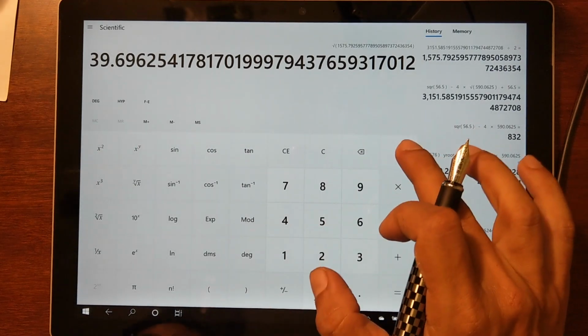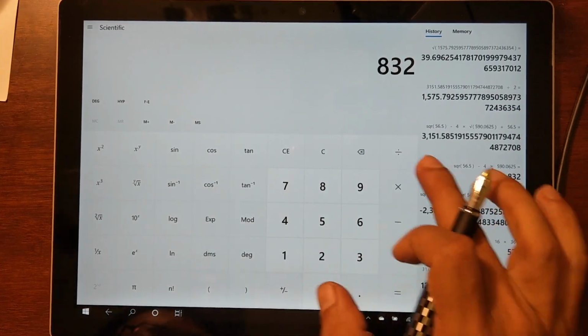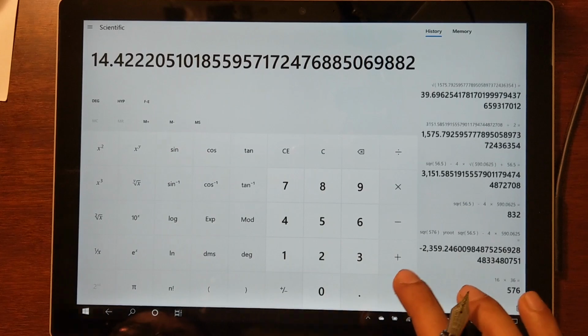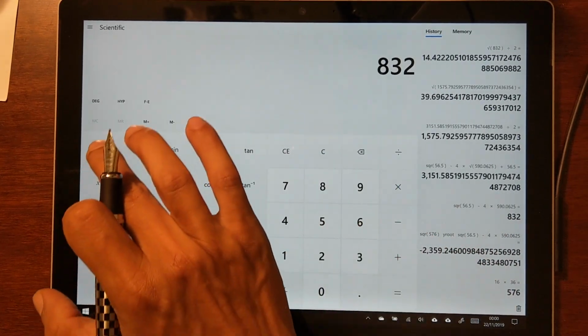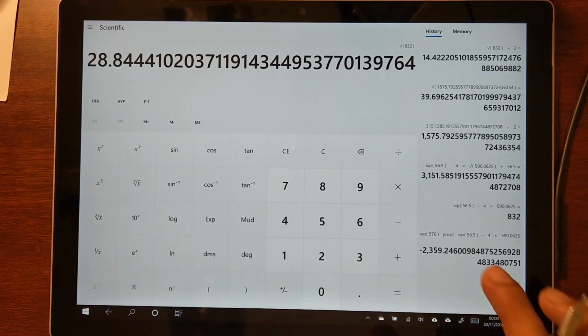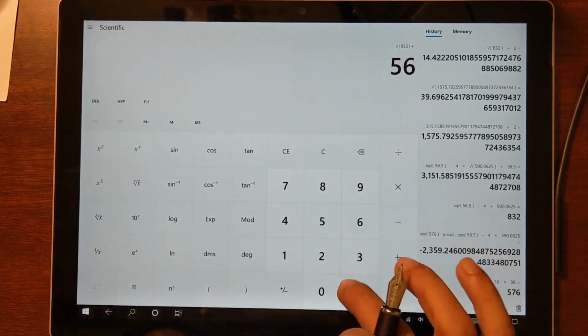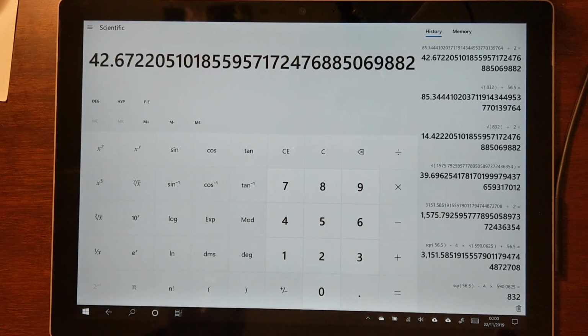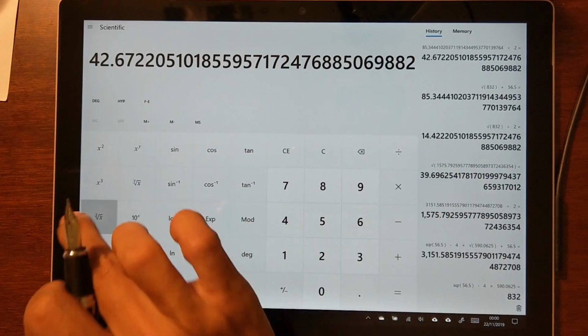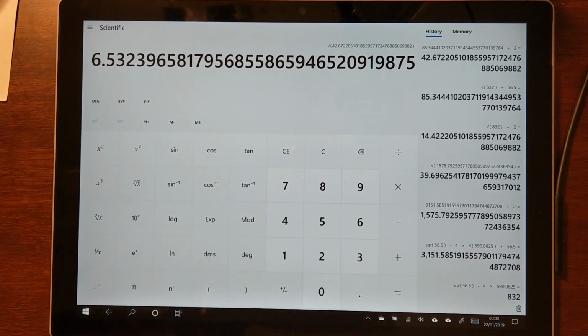Let's do that again. 832 square root. Plus 56.5 equals that. Divide that by 2. That gives you 42.67. Take that square root, and that's your ugly number.